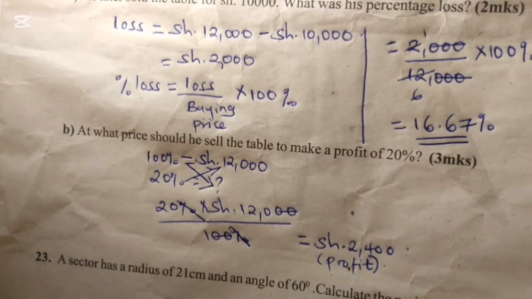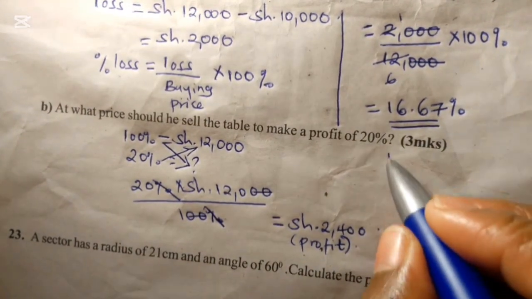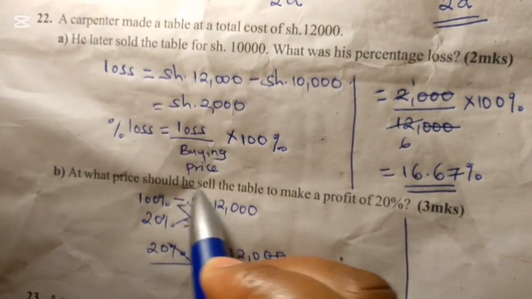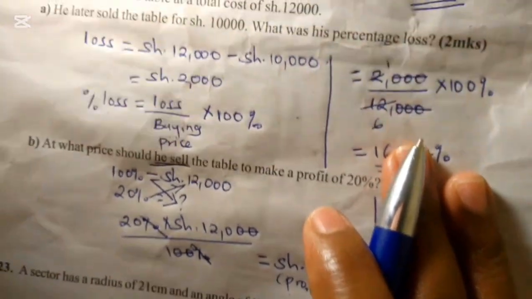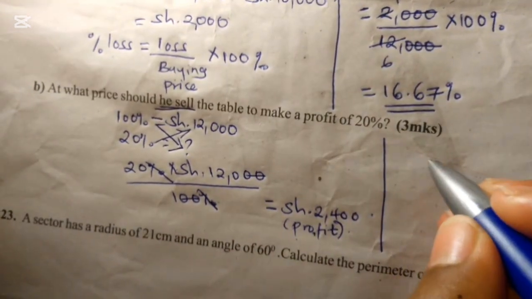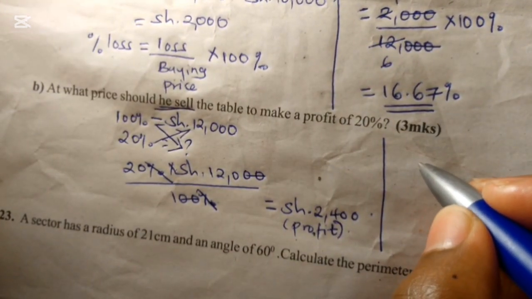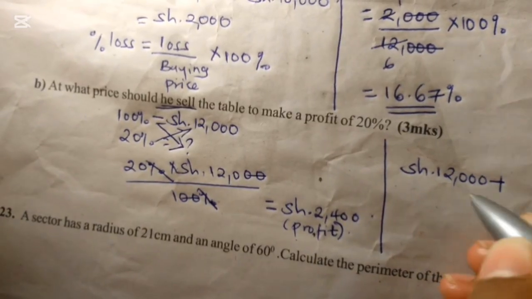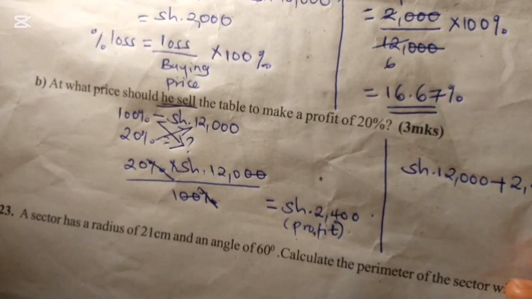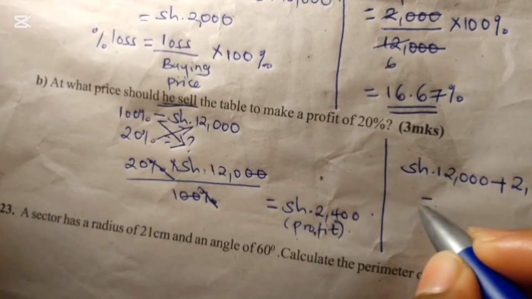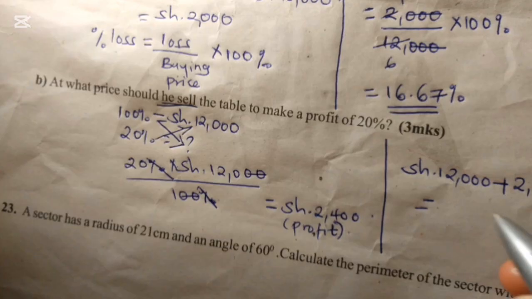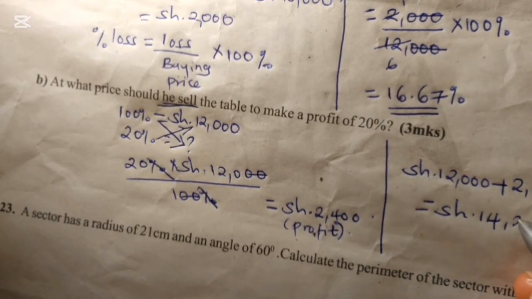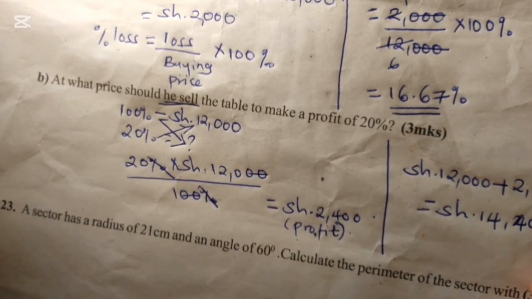The profit of 20%. That means that the issue here is at what price will he sell the table. So the selling price in this case will be the amount of money used to make the table, which is 12,000 shillings, plus 2,400 shillings, and this gives us 14,400 shillings.